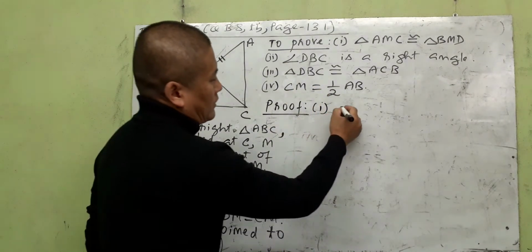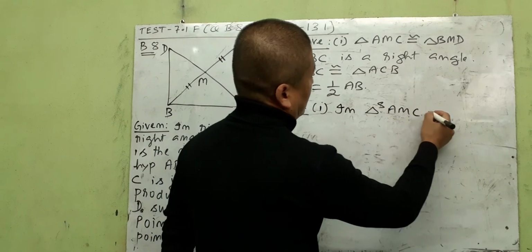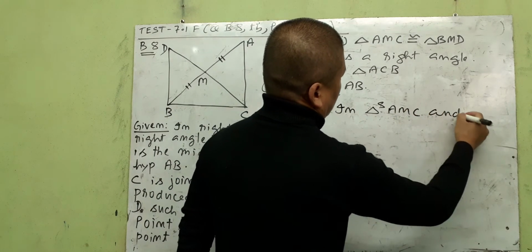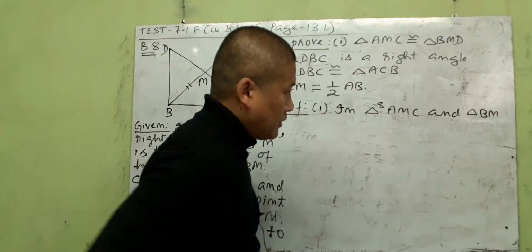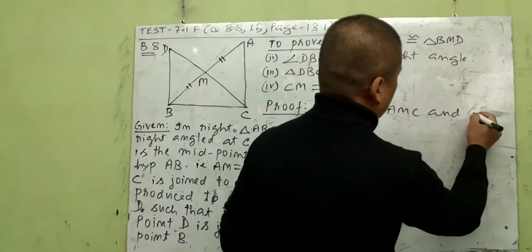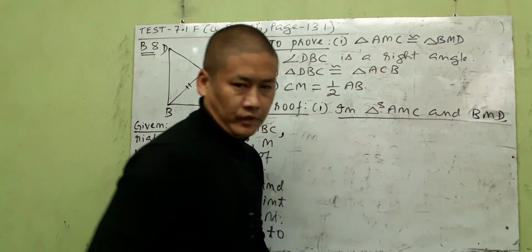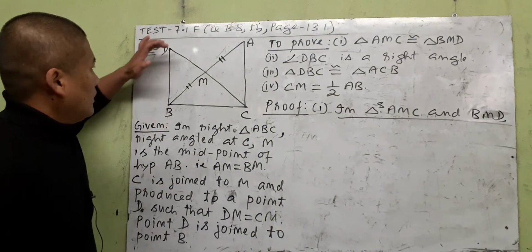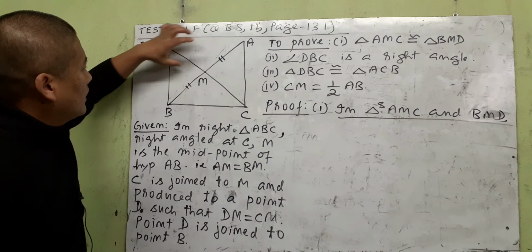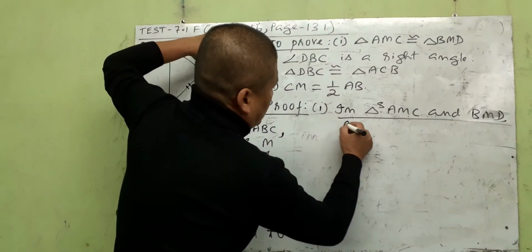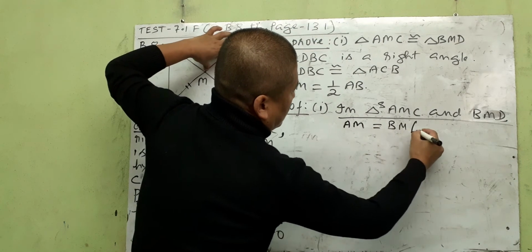So take these two triangles, in triangles AMC and triangle BMD. Okay, since we have put plural here S, so just write BMD is enough. So in these two triangles, slowly let's go. AMC, BMD. AM here, the first two letters, as you can see here, equal to the first two letters BM or not. Let us check.